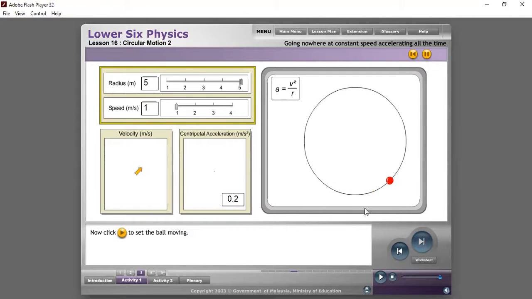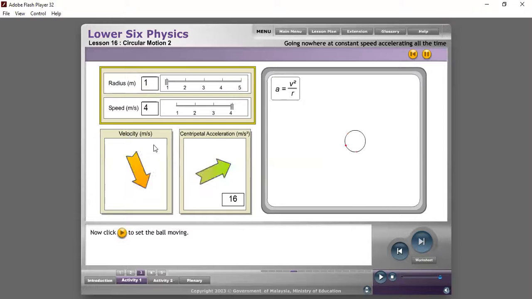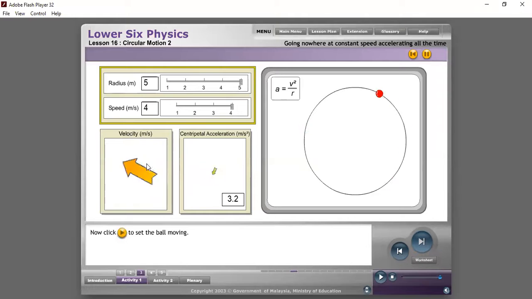Just now the speed was still the same; this is the linear speed, the tangential speed, but you notice it becomes slower. If I increase the speed, there will be a change in velocity.